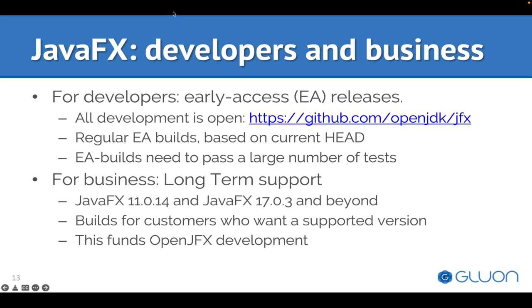But for developers, we build early access releases from the current head. And that means that we are currently doing JavaFX 18 early access releases, but also JavaFX 19 early access releases, because JavaFX 18 is being branched for stability. So we are working on finalizing 18, while the work on 19 is already in progress.